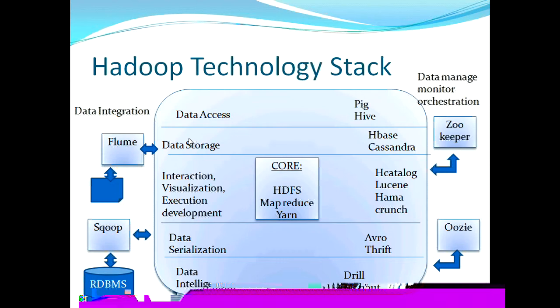You can move the data and always use it in a different cluster or different environment. For that, we have Avro and Thrift. Avro is a Hadoop essential framework for data serialization, and Thrift is specific for creating flexible schemas to work with Hadoop.